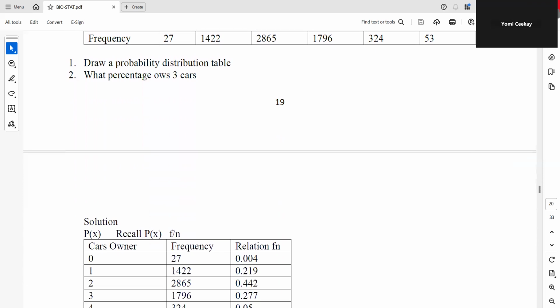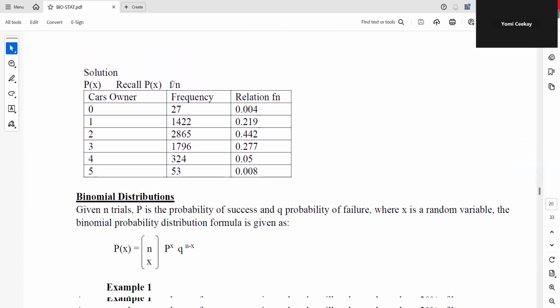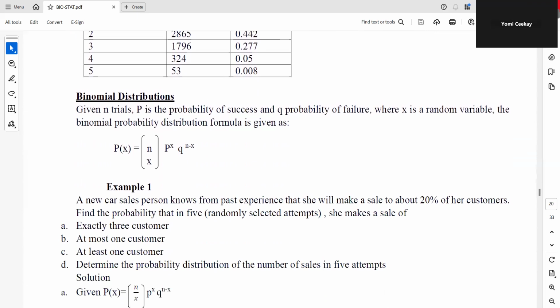Now let's go to binomial distribution. Most of these we are supposed to have done in sampling data, in our 300 level first semester. Some of these courses are also there. Okay, let's move on.